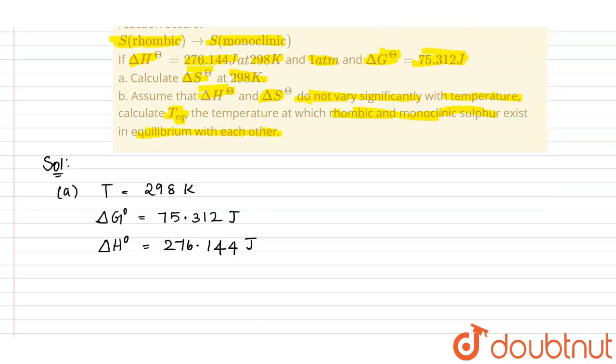Now we have to find the delta S value, the change in entropy.